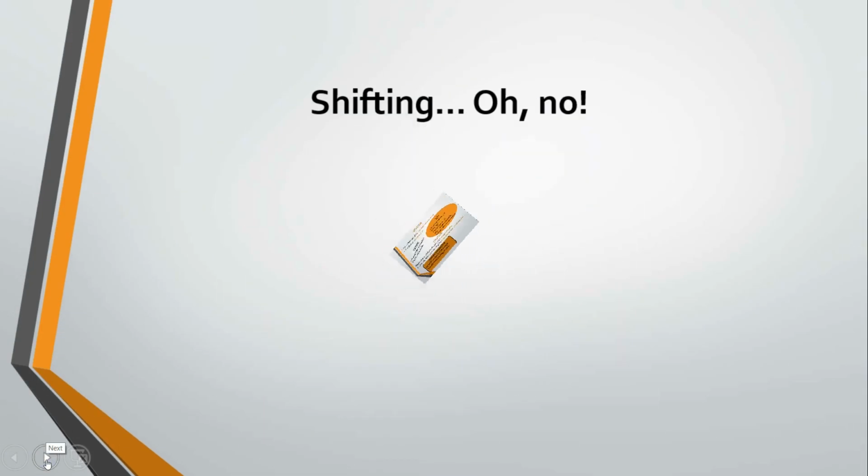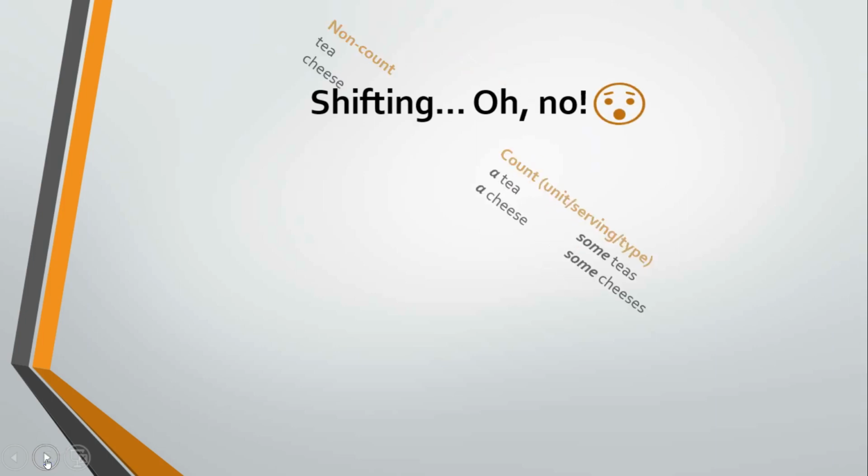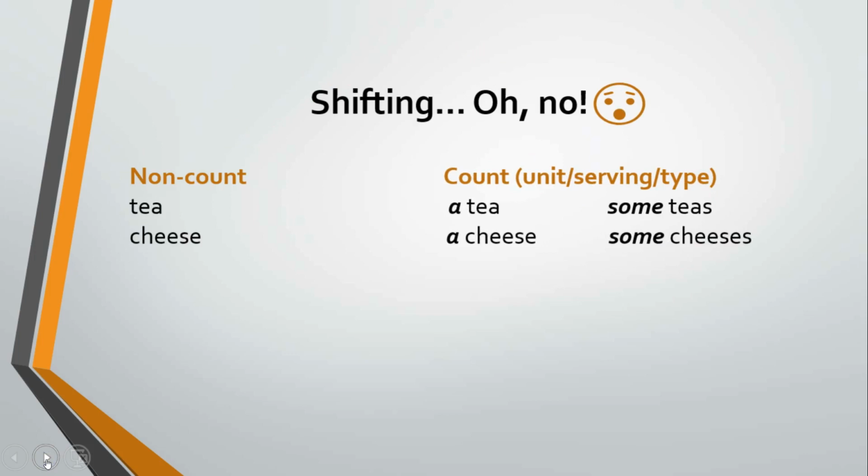Just when you think we covered everything that there is to cover when it comes to the articles, there is one more thing. It's called shifting in meaning. Okay, it happens when we take our non-count nouns and we shift them to be count nouns, and as they become count nouns, they can take the indefinite article a or an.